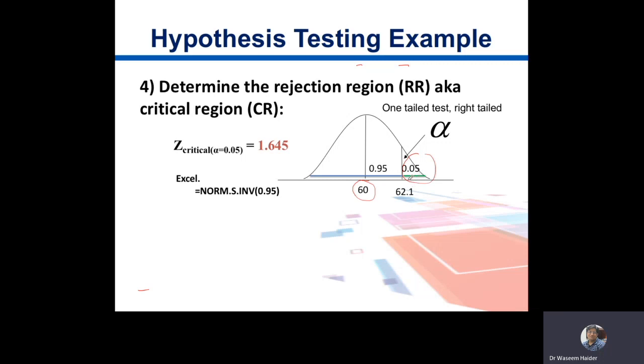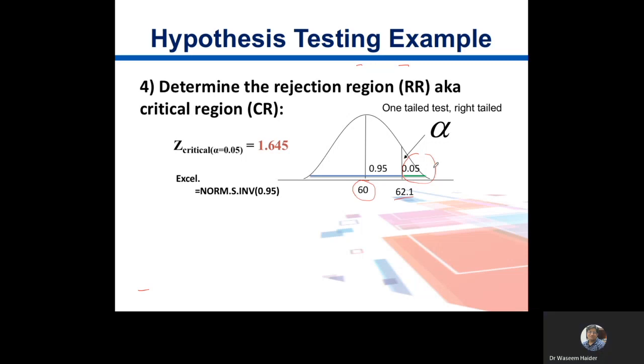Its cumulative probability should be greater than 0.95 on this side, and if you go on the other side, its p-value should be less than 0.05, or your alpha. If you talk about the actual number, we can also get it through Excel or through our calculations. So the actual number should be some number greater than 62.1. So 62.1 is the number that separates the lower 95% from the upper 5% of the curve.